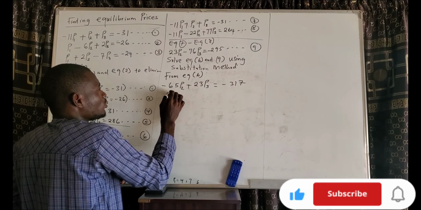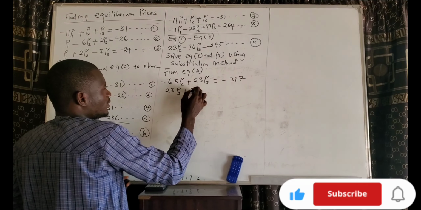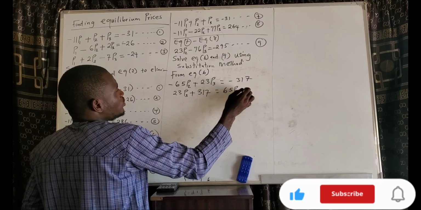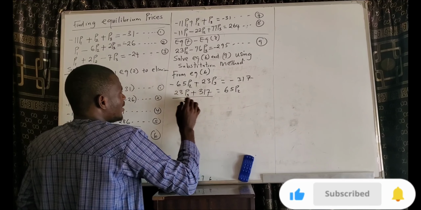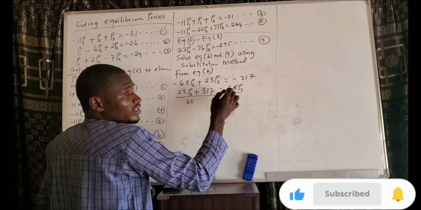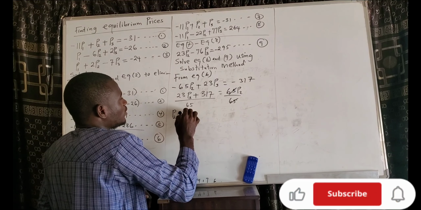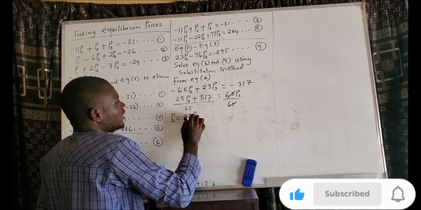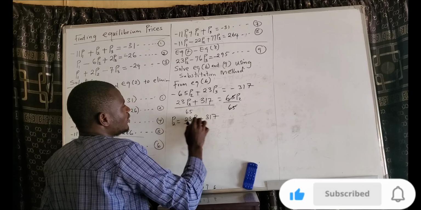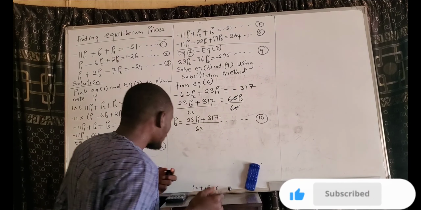We have 23p3 plus 317 equal to 65p2. Divide here by 65. That 65 cancels 65. Then P2 is now equal to 23p3 plus 317 all divided by 65. This is now equation 10.